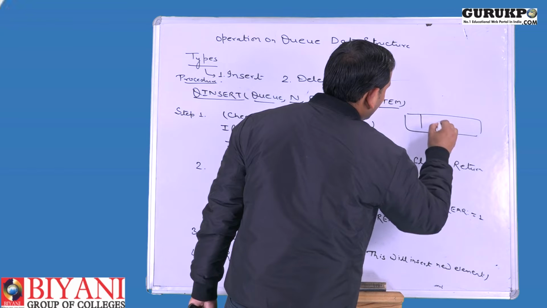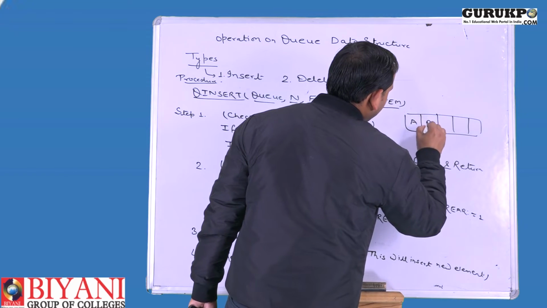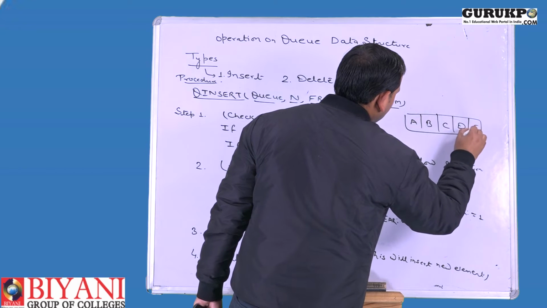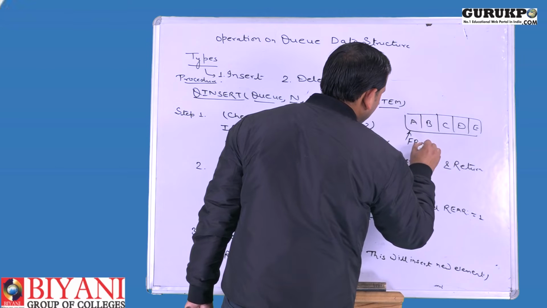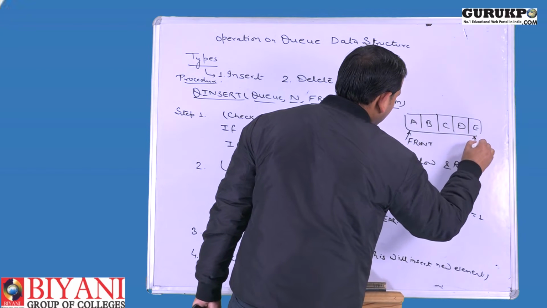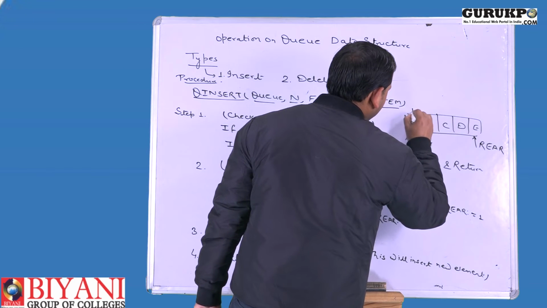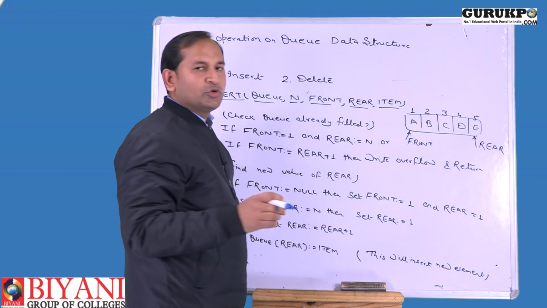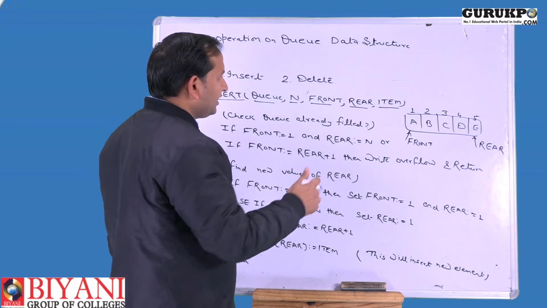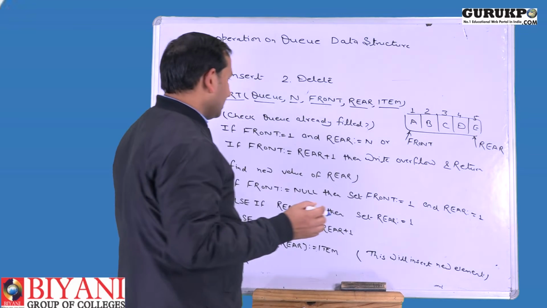front indicates, this is the queue, the basic diagram of a queue. Here the size of the queue is 5. Front indicates a variable and rear indicates a variable.